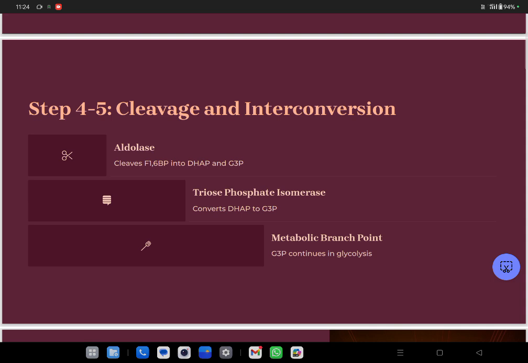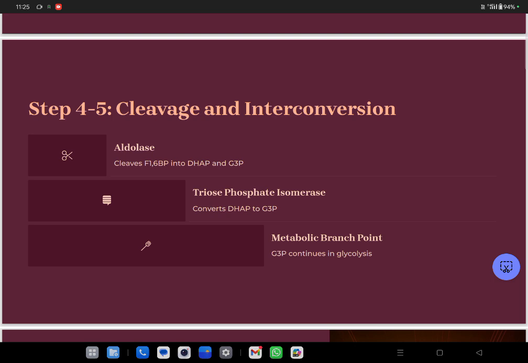This is the opposite of an aldol condensation reaction. In aldol condensation, 2 aldehydes or one aldehyde and a ketone condense together and form one molecule. That is aldol condensation, and this aldol is broken. So basically fructose 1,6-bisphosphate is an aldol.